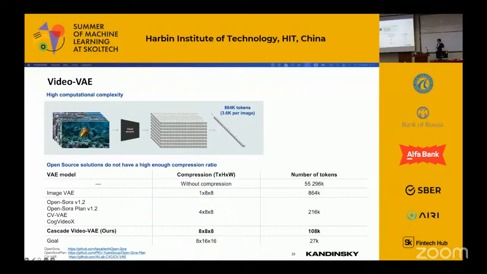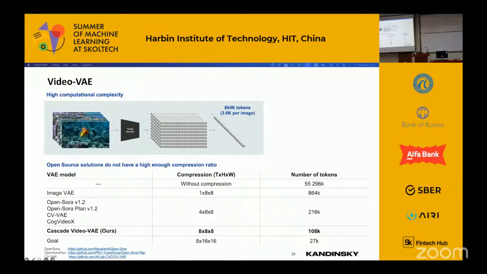So on the spatial axis, the number of tokens would be 1 million. 1 million for what? For 10 seconds in full HD or in HD. I think in full HD, but you may calculate if I made a mistake. So a really huge amount of tokens.